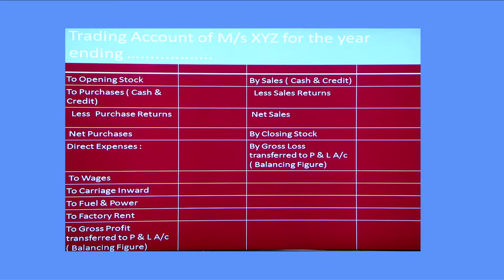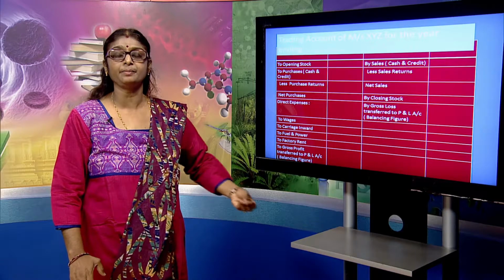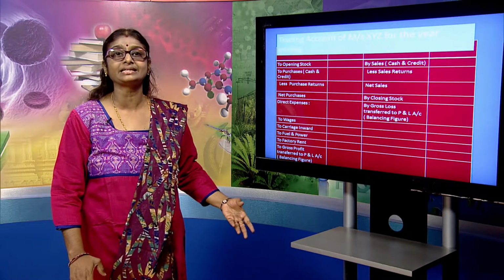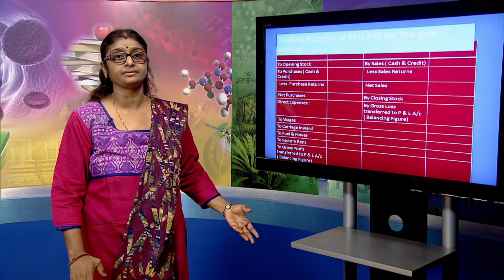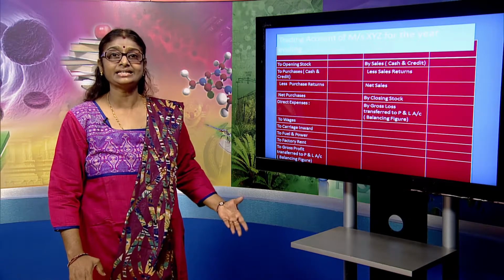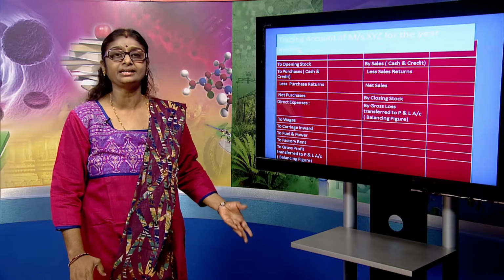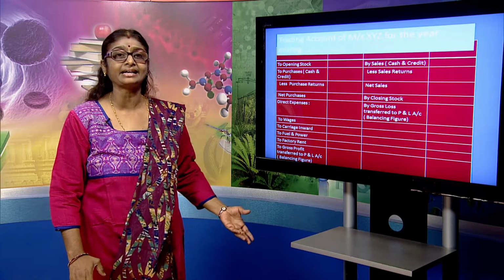Along with that, on the debit side, you write all the direct expenses like wages and carriage on purchases, that is carriage inward. All direct expenses are related to the factory. In order to make the product, you have to meet certain expenses like fuel and power, factory rent, etc. These are direct expenses, so in the trading account you will write only the direct expenses.